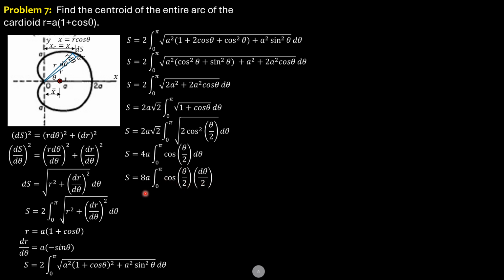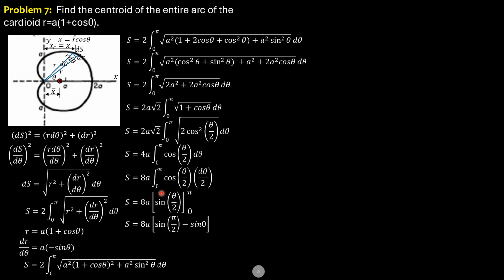So s is 8a, quantity sine of theta over 2 from 0 to pi. 8a times sine pi over 2, which is 1, minus sine of 0, which is 0. So 8a times 1, so the perimeter or the length of the entire arc of this cardioid is 8a.